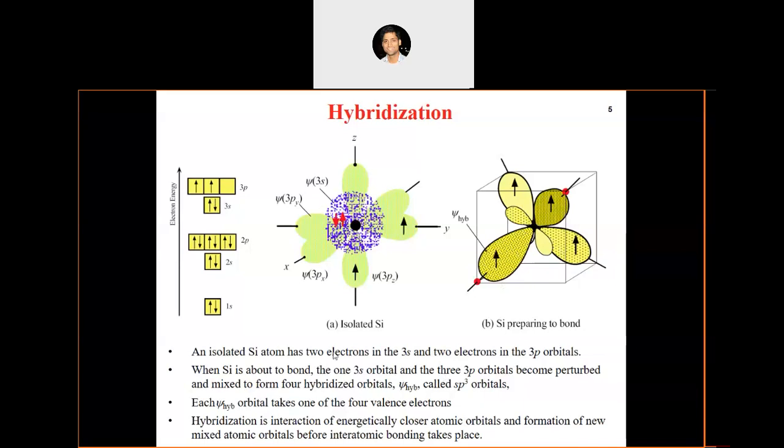So we can read out these points also. An isolated silicon atom has two electrons in the 3s and two electrons in the 3p orbitals. When silicon is about to bond, the one 3s orbital and the three 3p orbitals become perturbed and mixed to form four hybrid orbitals, right? This is sp3 hybridization, because one s and three p orbitals are involved in this.